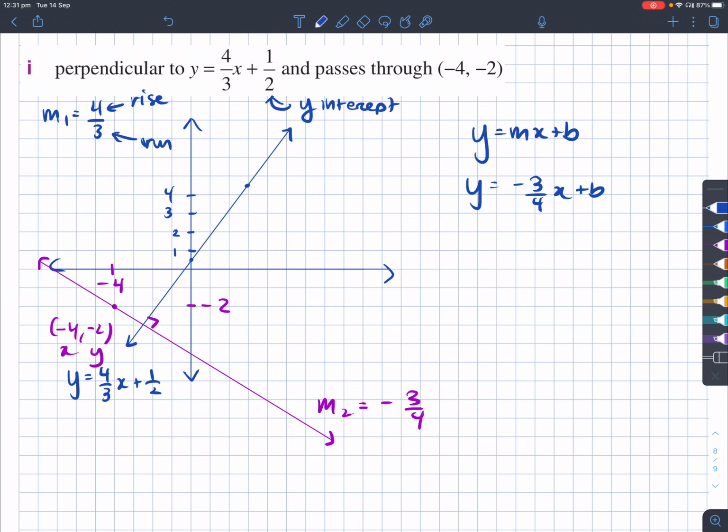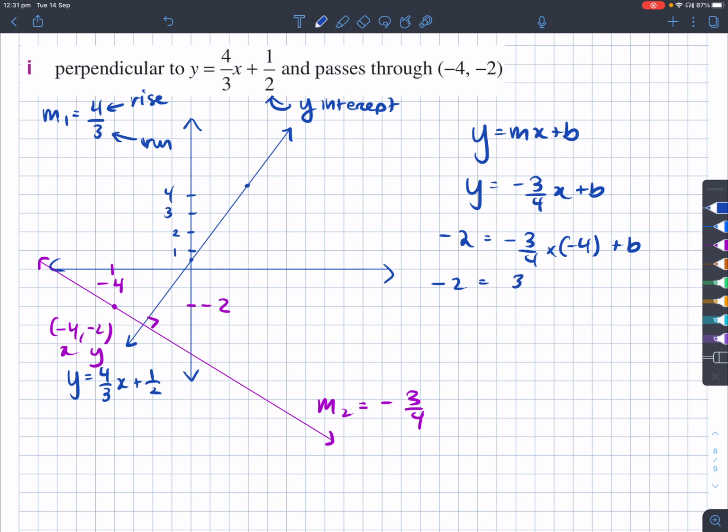So I'm going to substitute in y as -2 and our x value as -4. When I multiply these two numbers together, the 4 on the bottom cancels out with that 4, but you've got a -3 times a negative 4, which is going to be a +3.